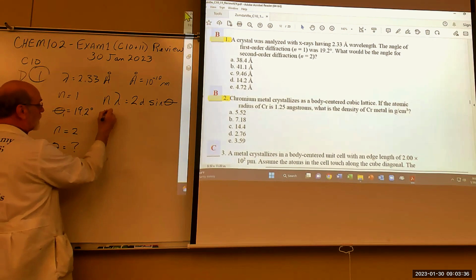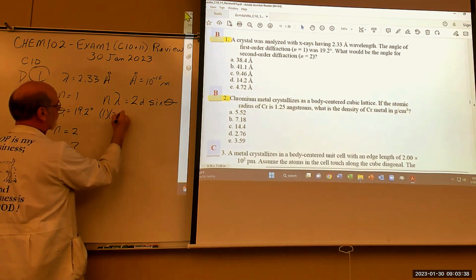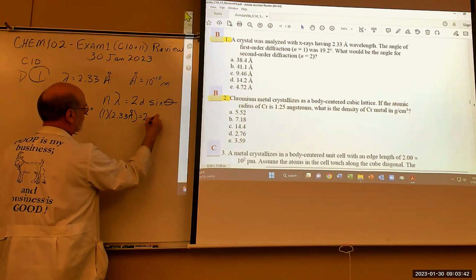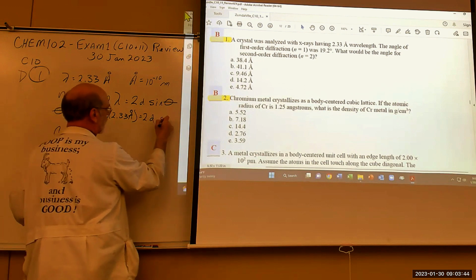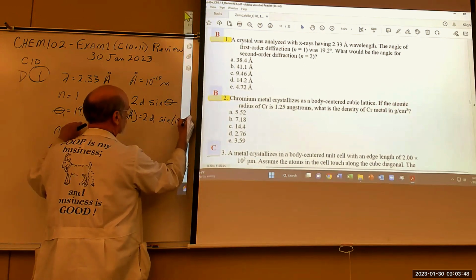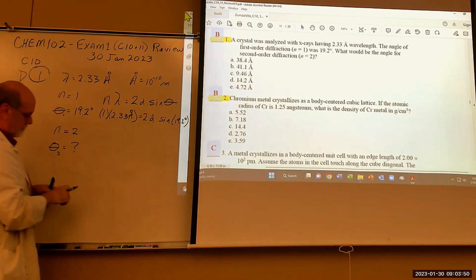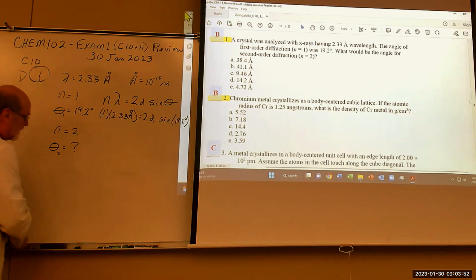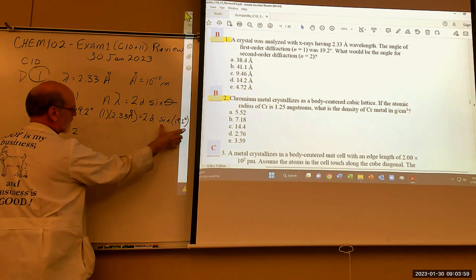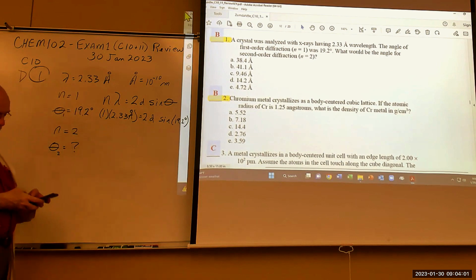So this is going to be 1, right? This is going to be 2.33 angstroms. This is going to be 2. That's our unknown, and then sine 19.2 degrees. Okay. So to solve that, this one is divided by 2 and divided by sine 19.2.